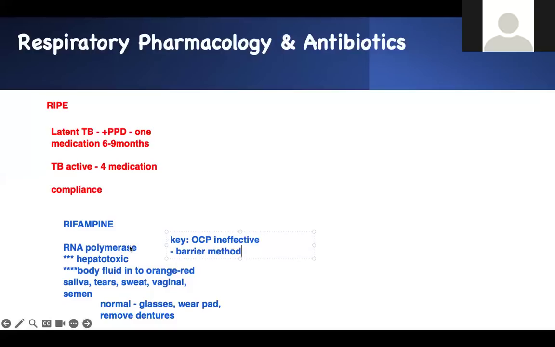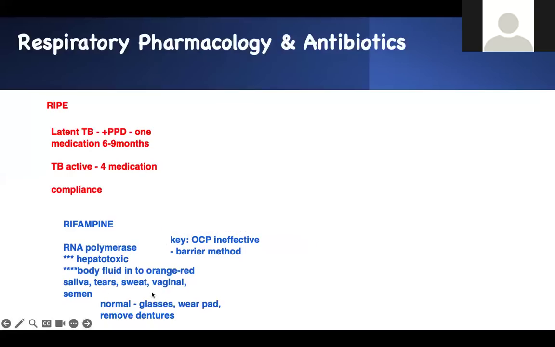If they're taking birth control, they can still take it, but they have to use a barrier, like a condom or female condom. Oral birth control does not work well. You need a barrier method. So it's very, very important you tell the patient about this.